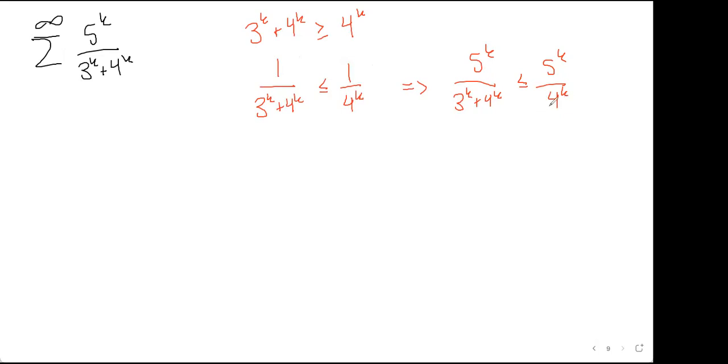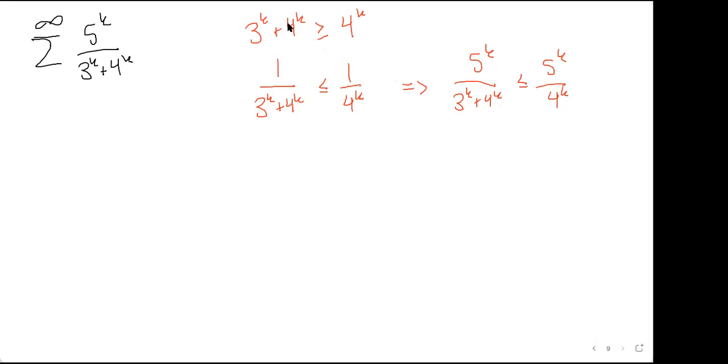And this isn't the direction that we want, because this series, we said on the other page, diverges, but being smaller than something that diverges isn't helpful. There's room for you to still diverge, or you could be small enough to converge. So that way doesn't work either.